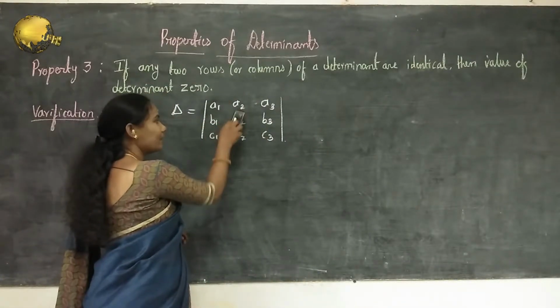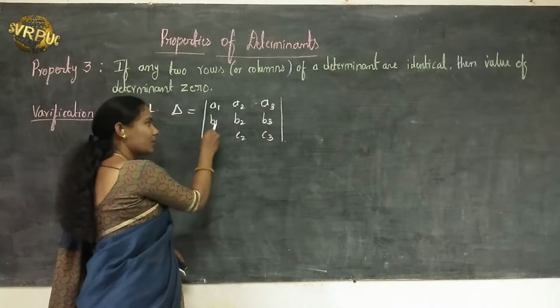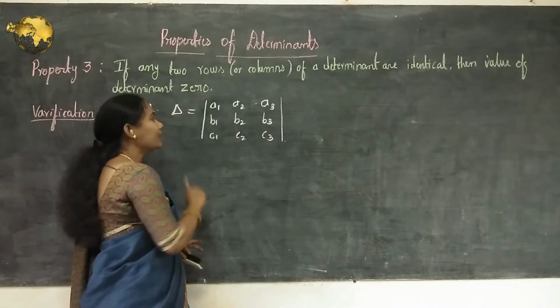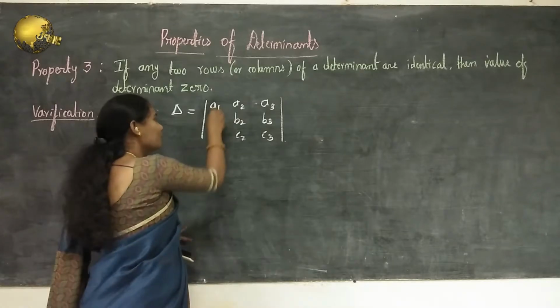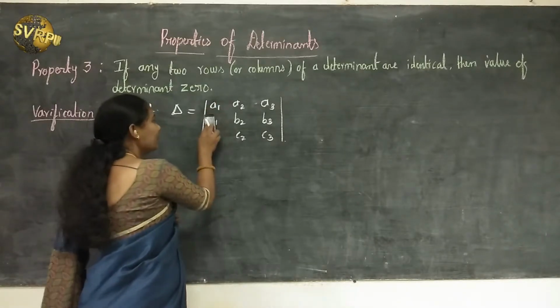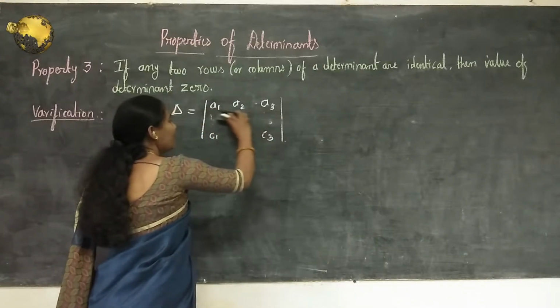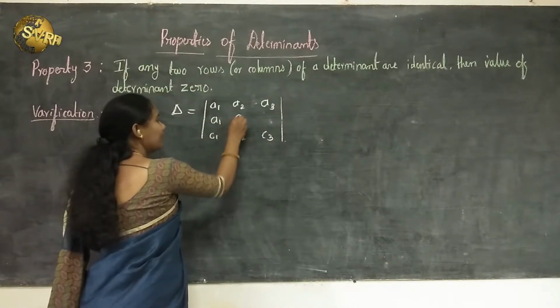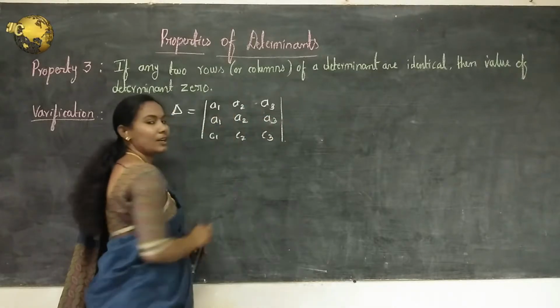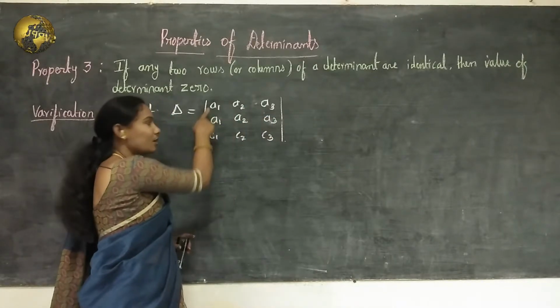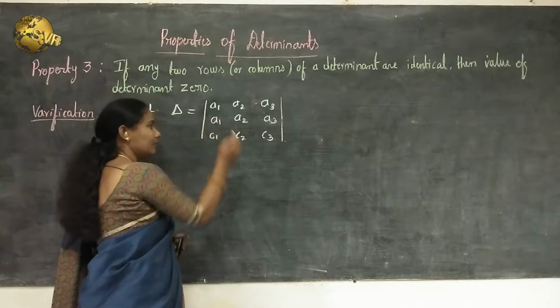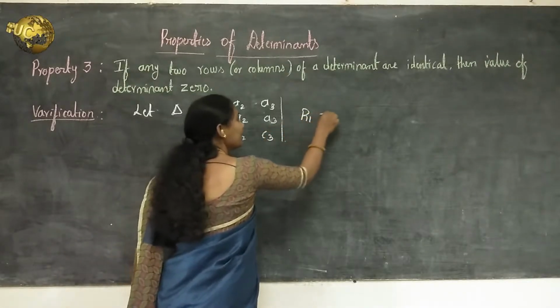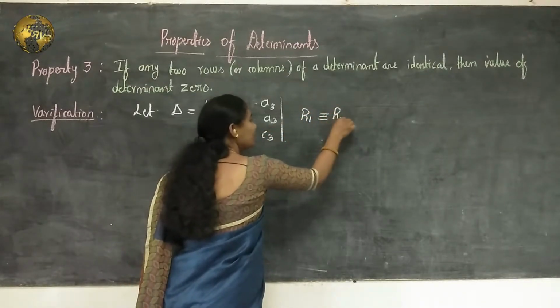The first row is A1, A2, A3 and the second row is B1, B2, B3. I make these two rows equal, so the first row and second row are both A1, A2, A3. So R1 is identical to R2.